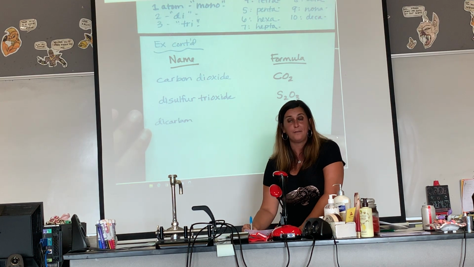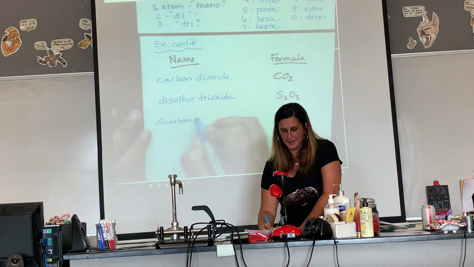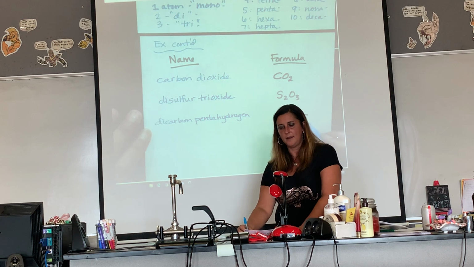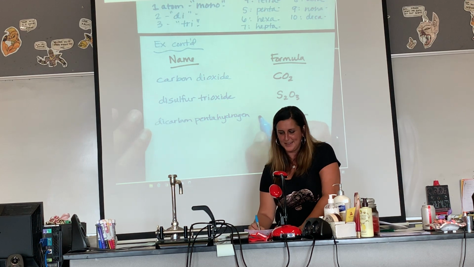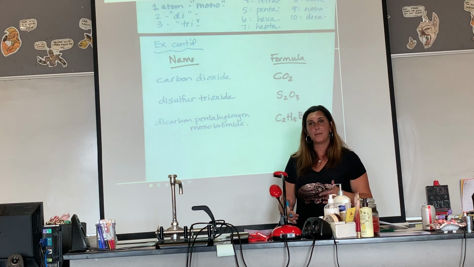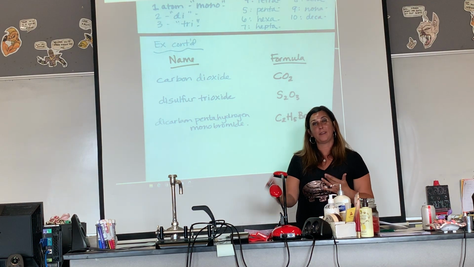And then 5 hydrogens is going to be pentahydrogen. And then 1 bromine. This would all be on the same line if I had enough space. This is going to be monobromide.